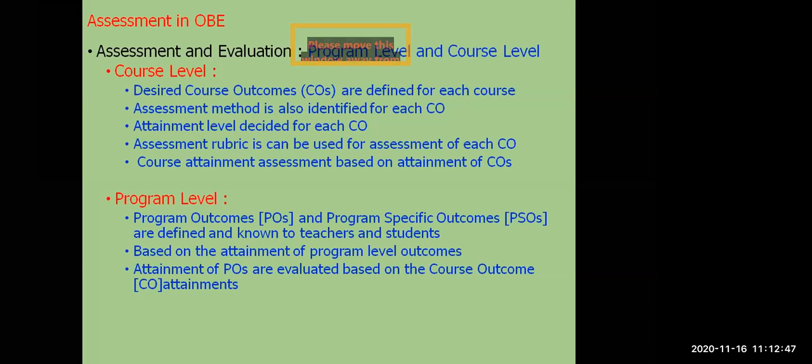Now for each subject, desired outcomes are defined for each course. Now I will not go into how we define the course outcomes. And along with that, assessment method is also identified for each CO. Let's say I write one CO in C programming, that the student, after going through this program on programming with C, in C language, the student will be able to write a simple program for solving a problem. Now, how do I test it?